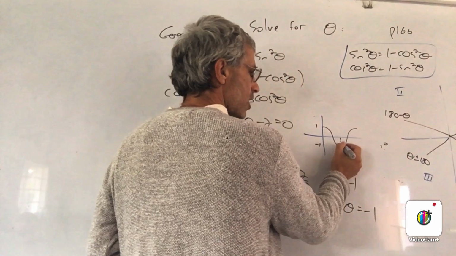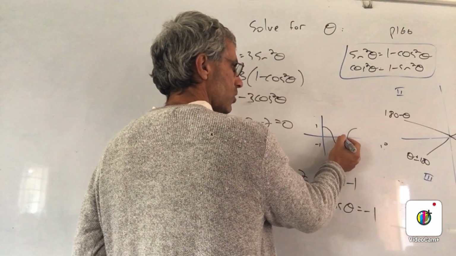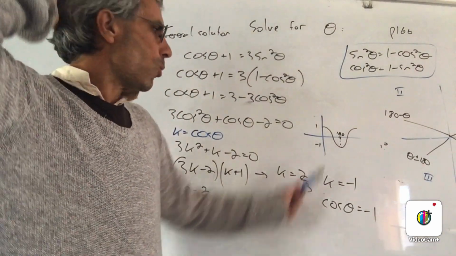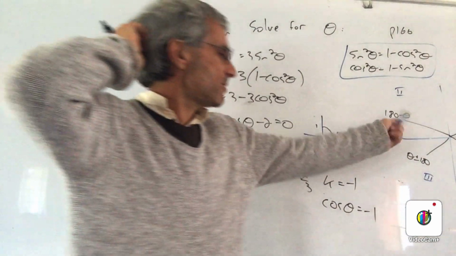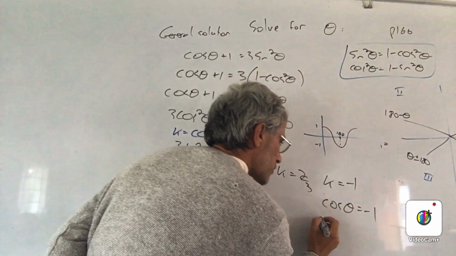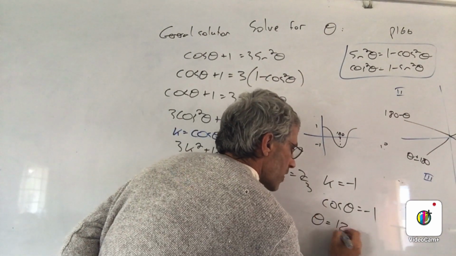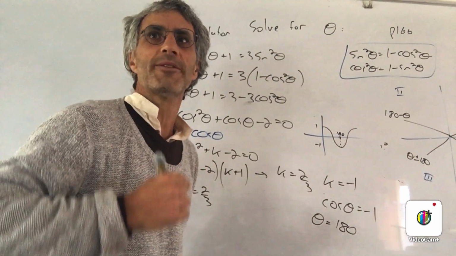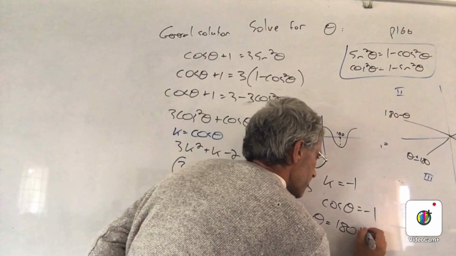So what will be the answer? When is cosine theta equal to minus 1? Which angle is that? 180, isn't it? At 180, cos 180 is negative 1. So theta is going to be equal to 180. And I'm looking for the general solution, so I can always add 360k.